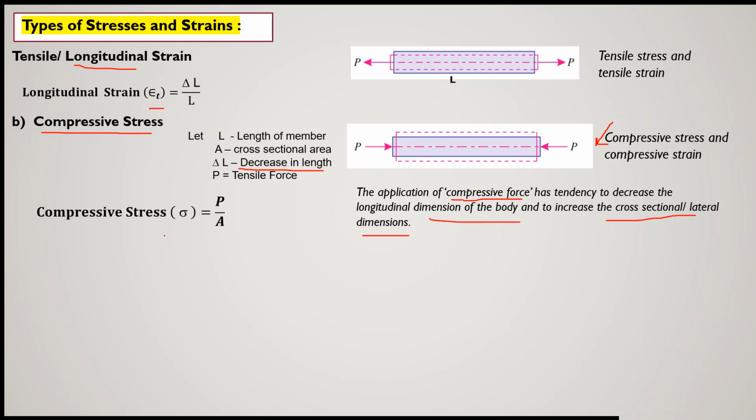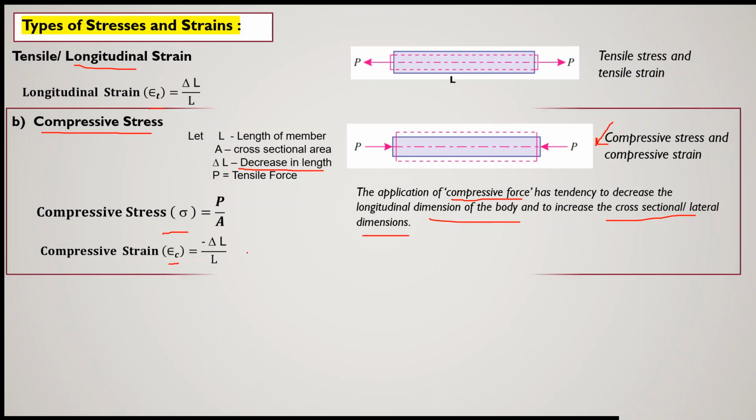So compressive stress is given by P by A, that is the compressive force divided by the cross-sectional area, and for compressive strain you can use epsilon C, and we will be using a negative symbol here, that is minus delta L by L, or you can write it as delta L by L, and within brackets you will write compression. So here there is a decrease in the longitudinal dimension divided by the original dimension.